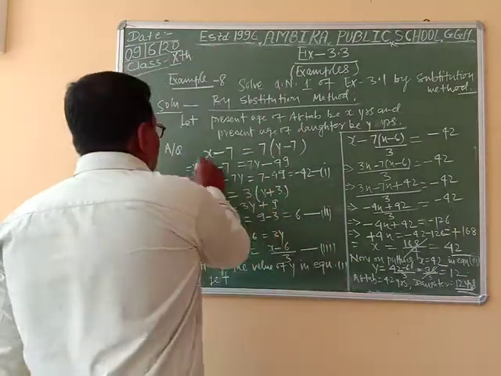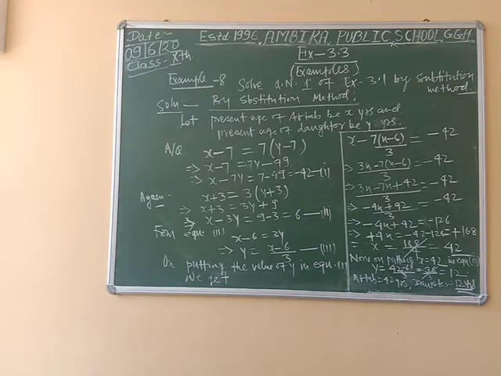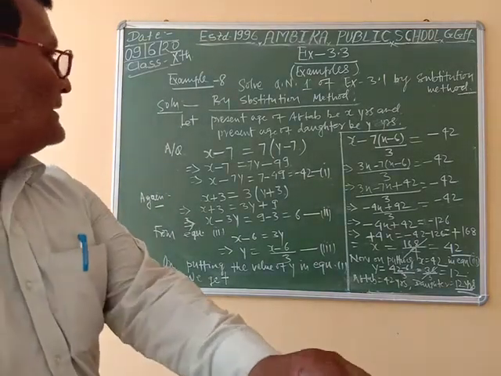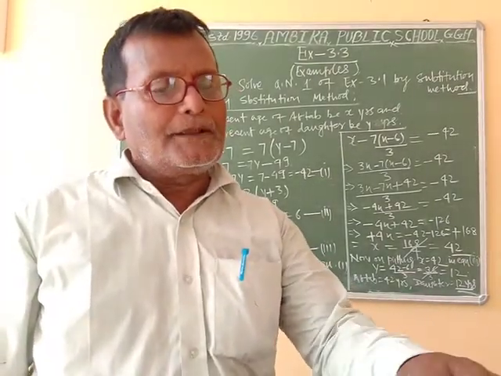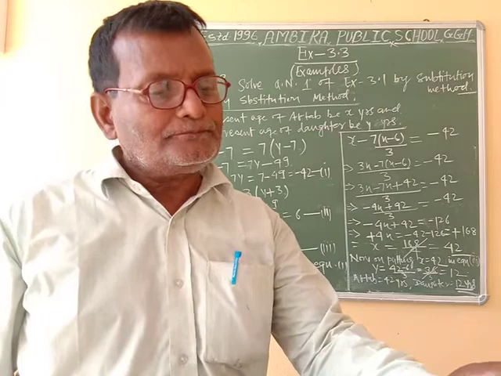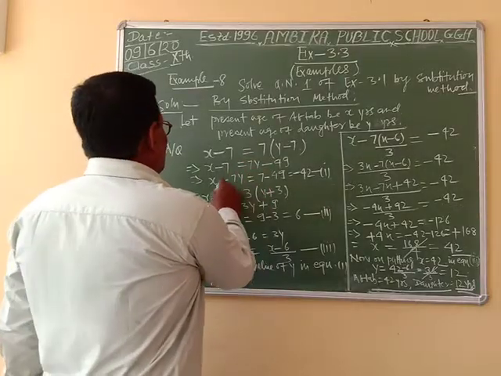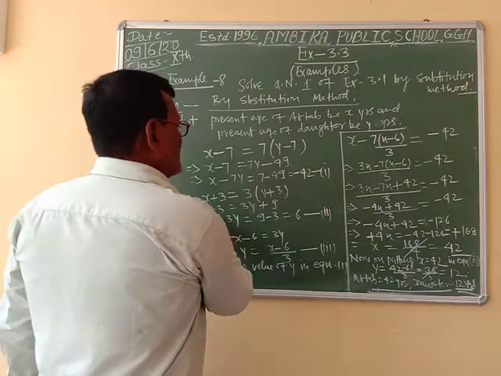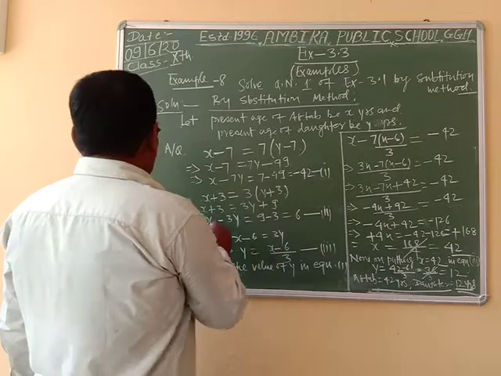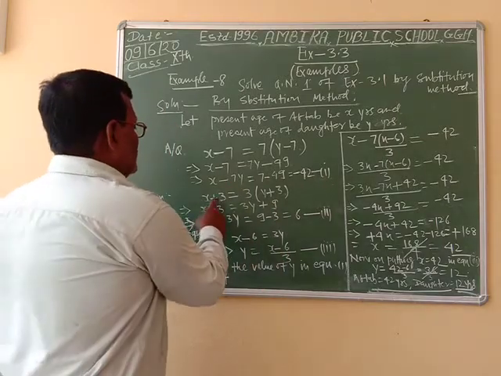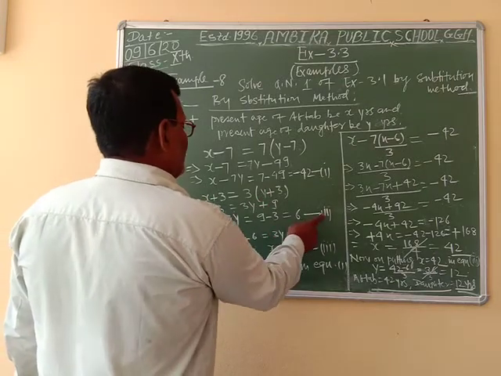Then according to the first condition, x minus 7 is equal to 7 into y minus 7. Solving condition first, x minus 7y is equal to minus 42. And according to the second condition, x plus 3 is equal to 3 into y plus 3, or x minus 3y is equal to 6.